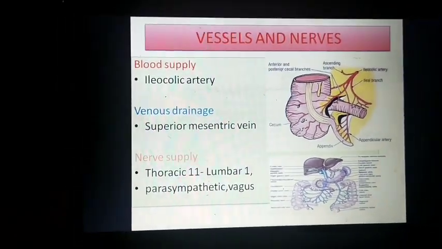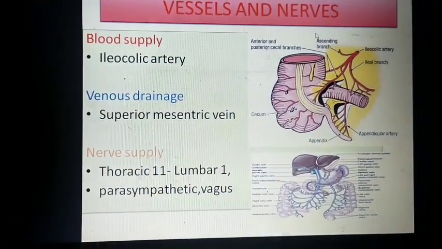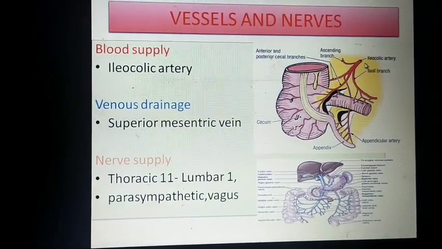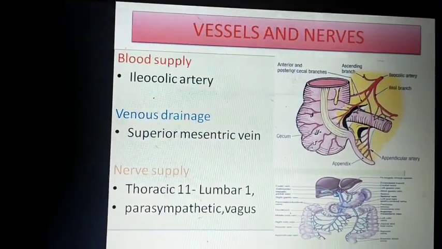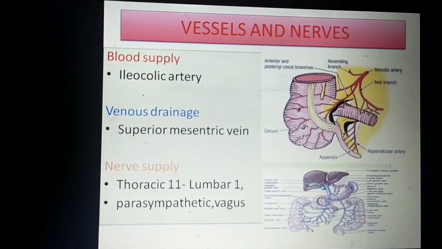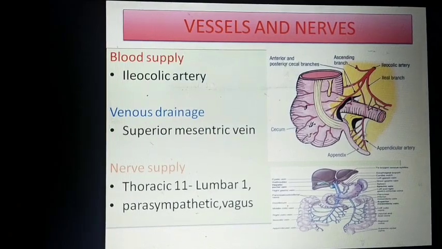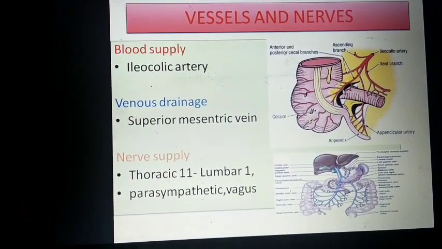Now you can go for the blood supply of the cecum. The cecum is mainly supplied by the ileocecal artery, a branch of the superior mesenteric artery. The ileocecal artery is further divided into the appendicular artery and anterior and posterior cecal branches, or cecal artery or ileal branch.